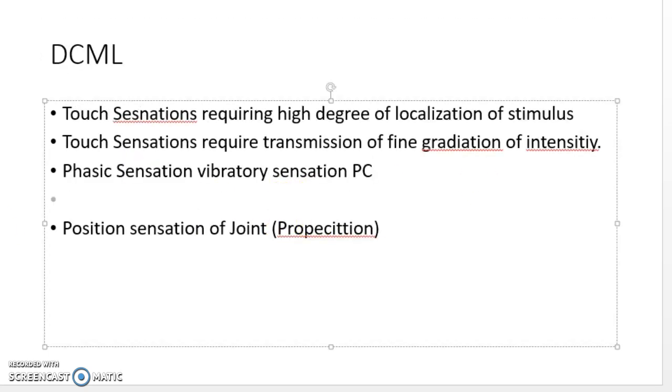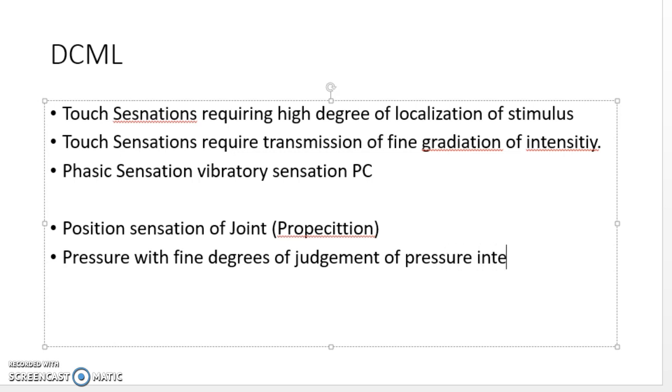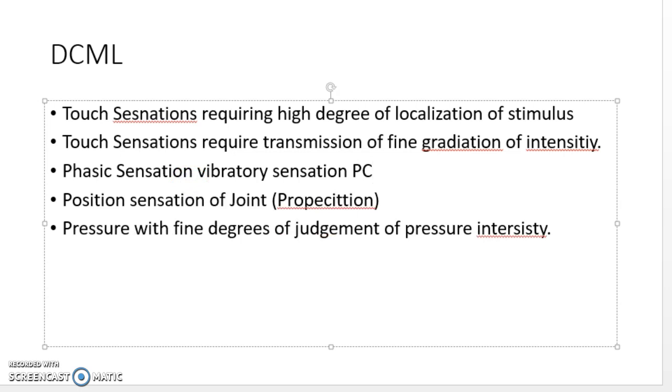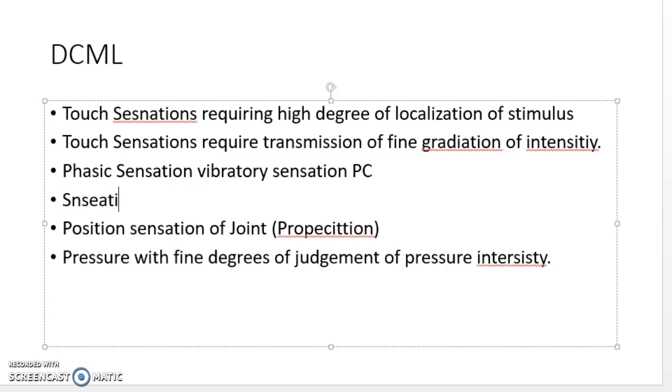Pressure sensations, basically everything I told you over there: pressure sensations to do with fine degrees of judgment of pressure intensity. Very nicely done. We're missing one more, which is sensations that signal movement against the skin.